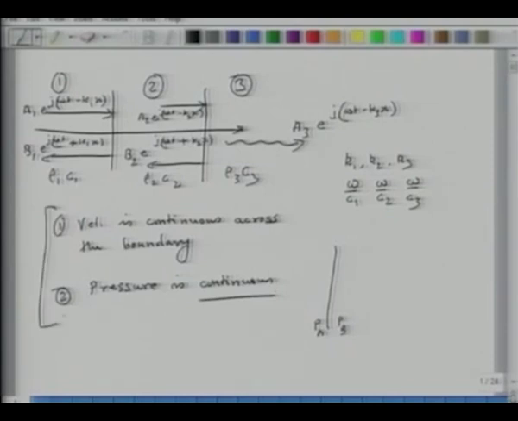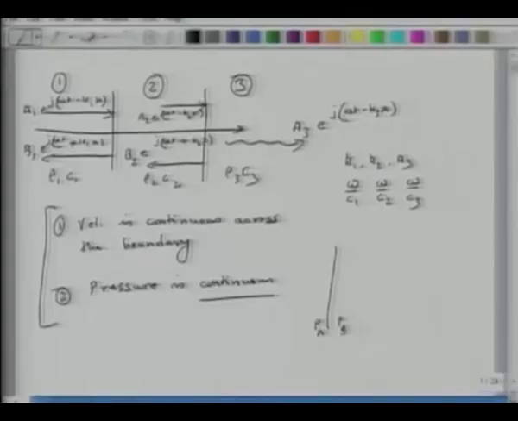We use these two boundary conditions and get several equations, and from those equations we compute the unknowns. A1 we already know, whatever the incident wave is. At the end of the day what we are trying to find is the value of A3, right? What we do not know is B1, B2, A2 and A3, 4 unknowns. So if we can generate 4 equations from these two boundary conditions, we should be able to compute B1, A2, B2 and A3.